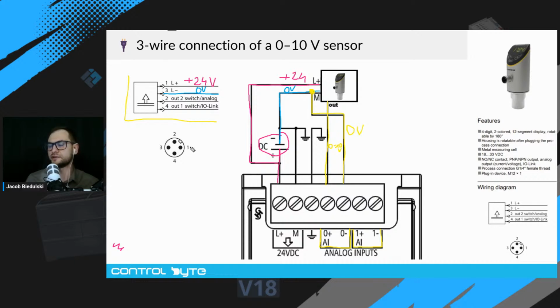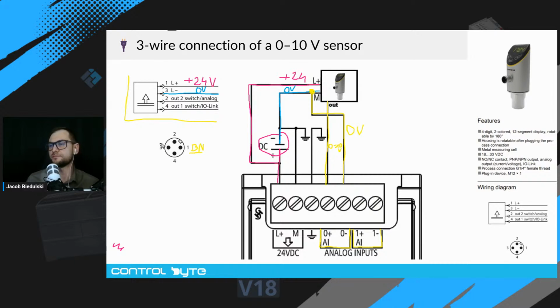So the first pin, the first wire, is the plus 24 volts power supply, and this wire is generally brown, okay? So the second wire is designated as 3.